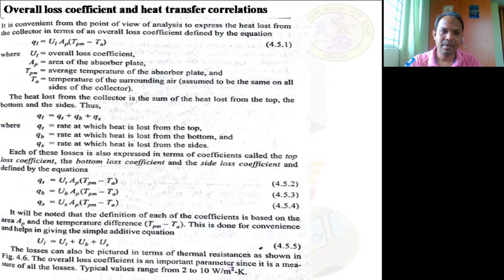Are you getting it? It is Newton's law of cooling. This is one general expression, and the same general expression we are making for the top, bottom and sides.